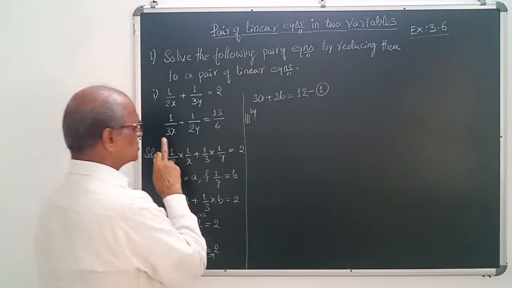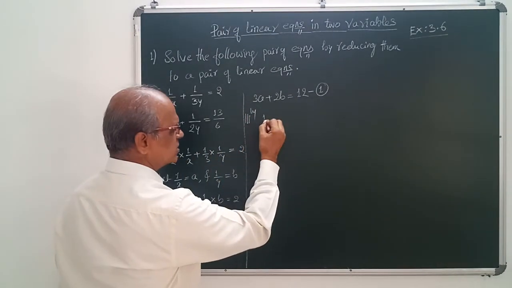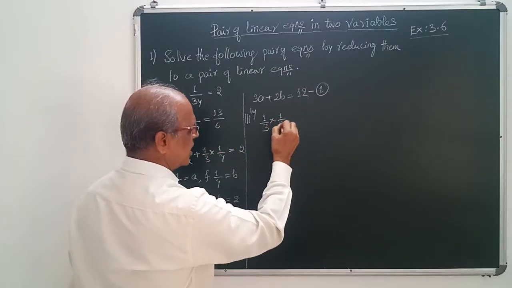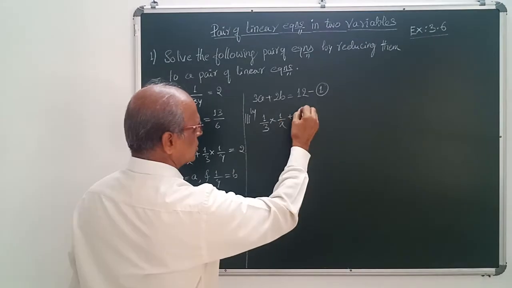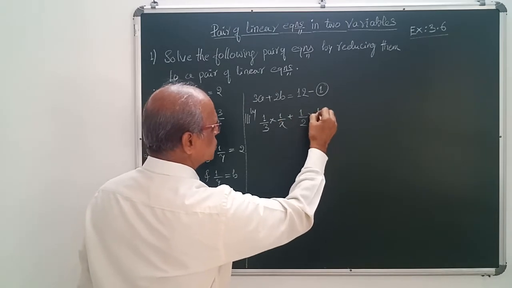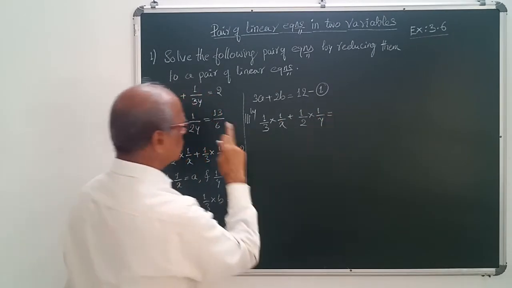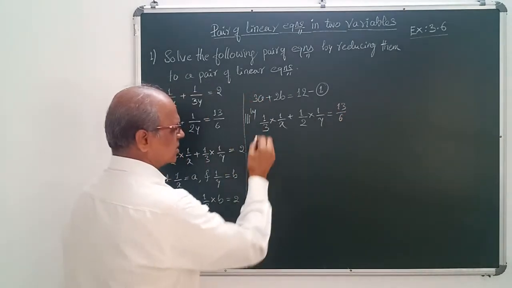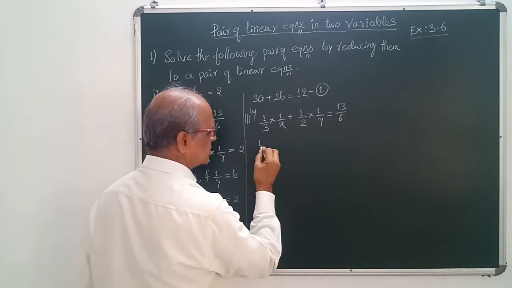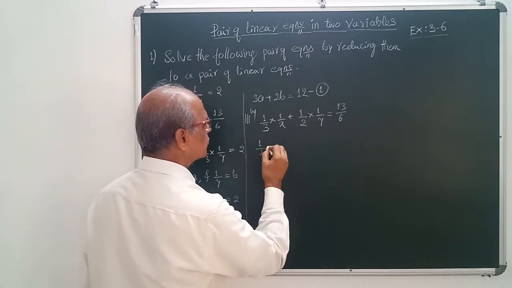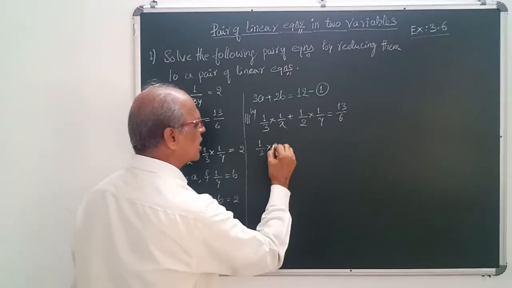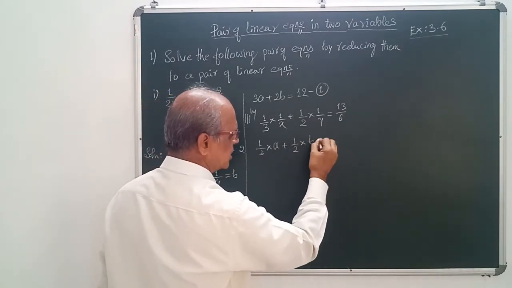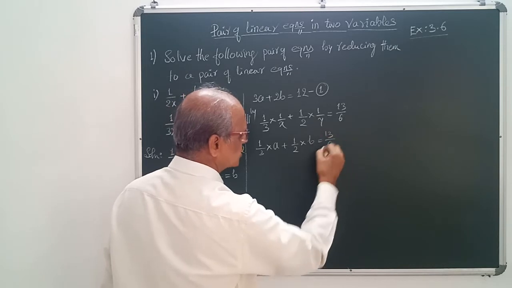Similarly, the second equation can be written as 1 by 3 into 1 by x plus 1 by 2 into 1 by y is equal to 13 by 6. Now substitute the values for x and y. 1 by 3 into 1 by x means a, plus 1 by 2 into 1 by y means b, is equal to 13 by 6.